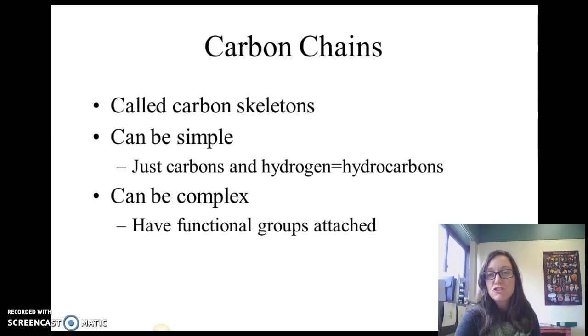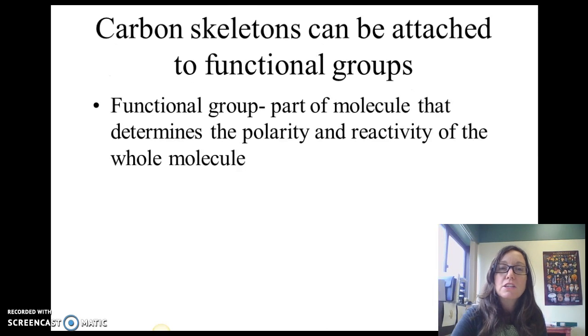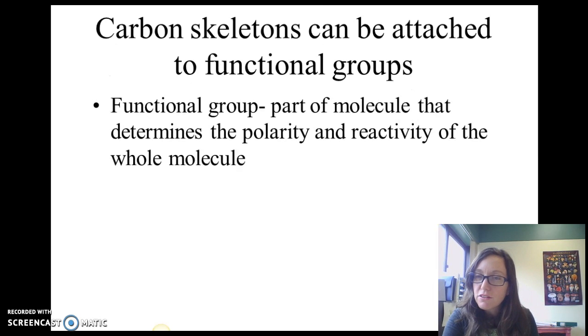But if we add functional groups in place of the hydrogens, we can make the molecules a little more complex. Functional groups can change the polarity and reactivity of the whole molecule.